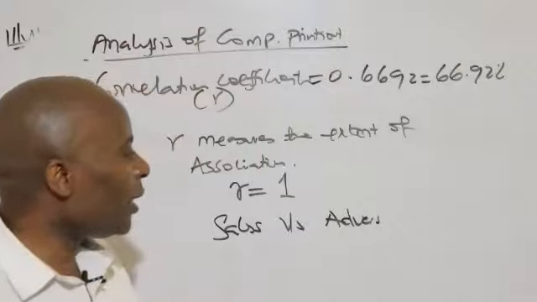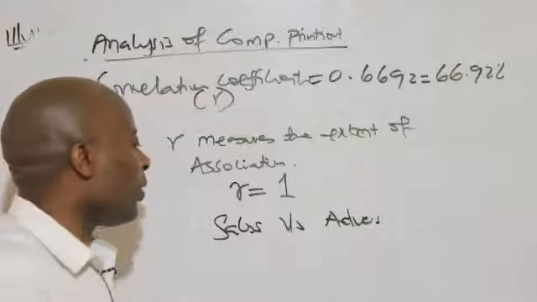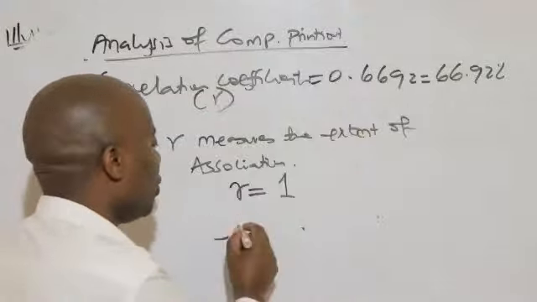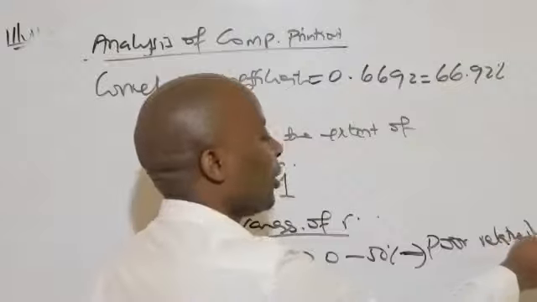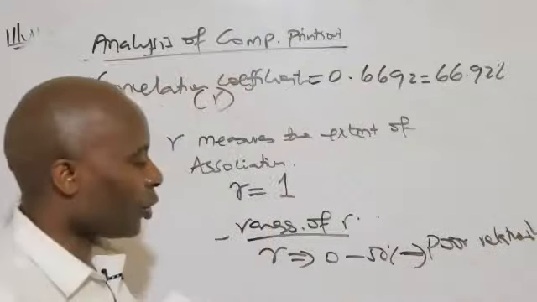So ladies and gentlemen, whenever we have our R, remember the ranges of our R. When R falls between 0 all the way up to but less than 50%, this is a poor association, a poor relationship.